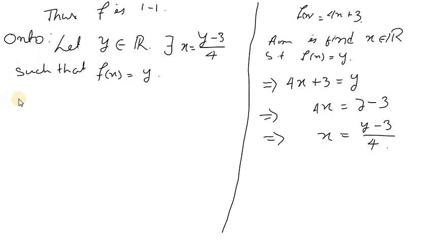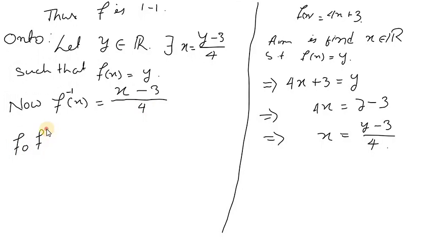Now, for the inverse, f inverse of x will be what? You just put in this thing. As I have put x here, the variable y will change to x, so f inverse of x is (x minus 3)/4. You can find f of f inverse of x.